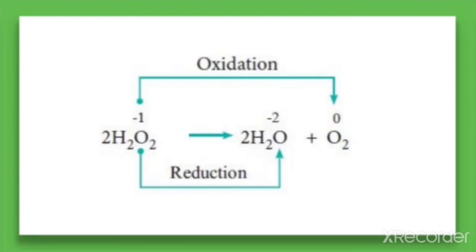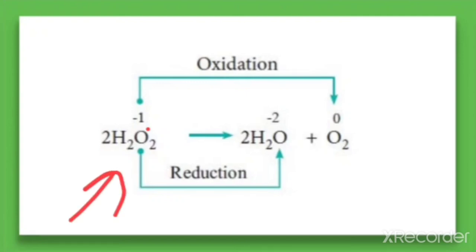Similarly, one more example we have here: H2O2, hydrogen peroxide, into H2O plus O2. Here the oxidation state of H is not changing, but the oxidation state of O is changing. Here it is -1. Why is it -1? Because it is hydrogen peroxide.